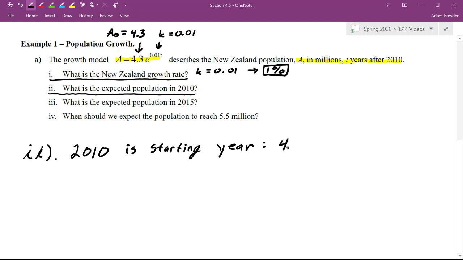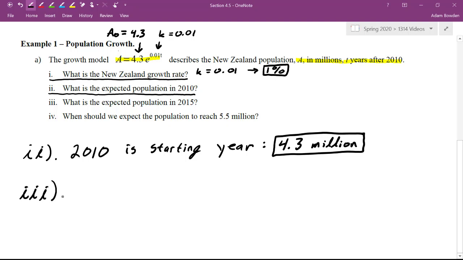So it tells us that there should be 4.3 million starting in 2010, because that's when we start our record keeping from 2010. So that number just goes straight there inside of the function.